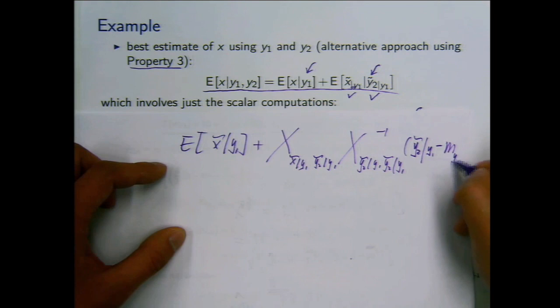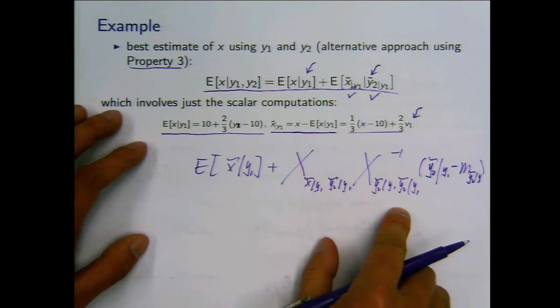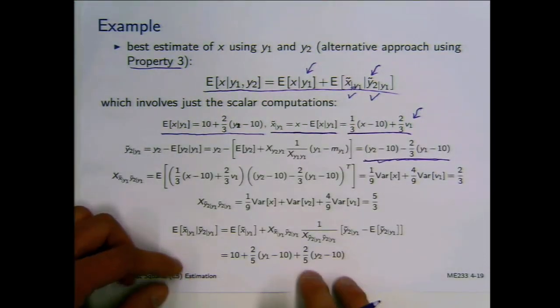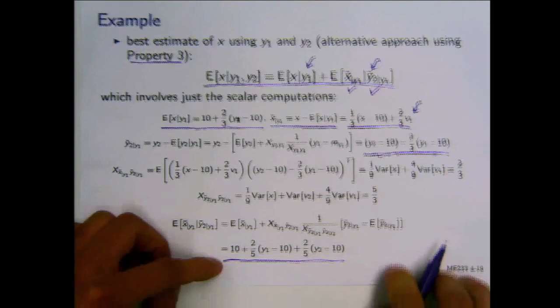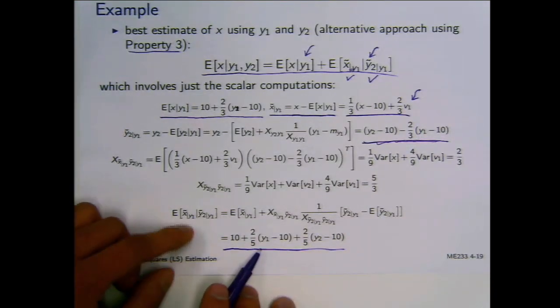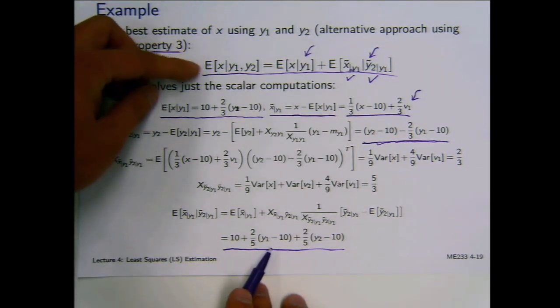Everyone sees this? Just use this equation to obtain this final result. Some algebra, but in the end it's going to look like here. This is the useful result. You see, now I'm using information from both y1 and y2 to estimate x.